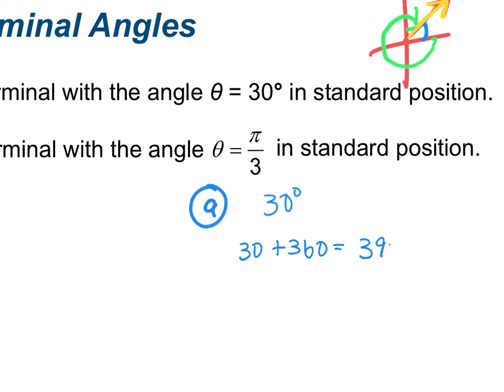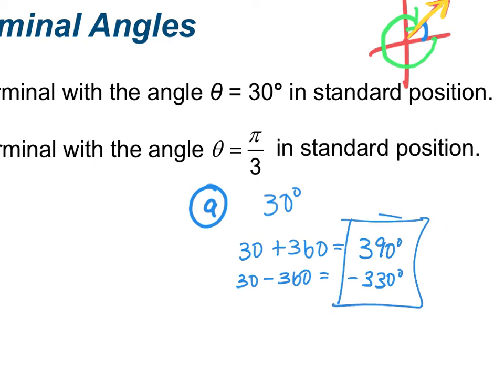So that's a coterminal angle. And then I'm going to subtract, and I get one negative one. So I'm going to say 30 minus 360, and I get what? Negative 330 degrees. Both of these angles are coterminal. They share the same side. You just keep adding till you get a positive number. You keep subtracting till you get a negative one.